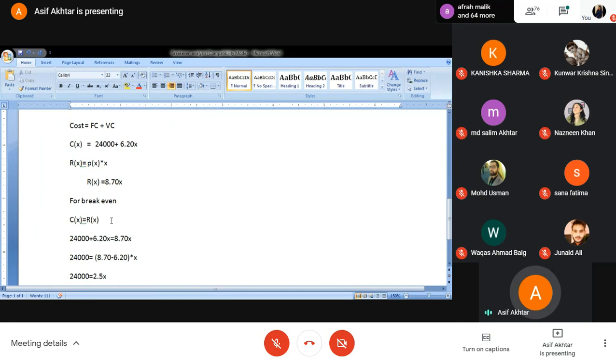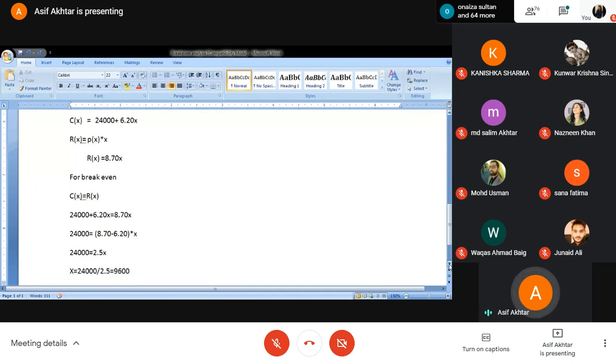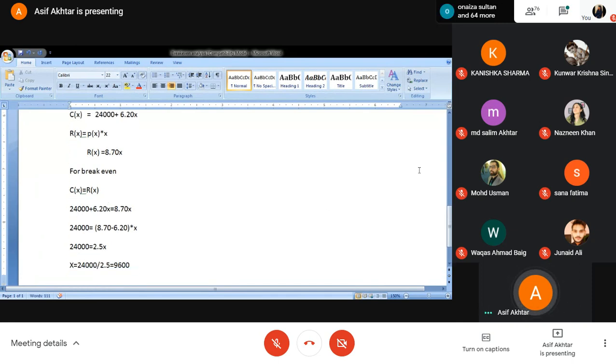Why have we equated these two? Because according to the definition of break even, it is the point where profit or loss is equal to 0, and that is why cost equals revenue. If you equate these two equations, what would happen?